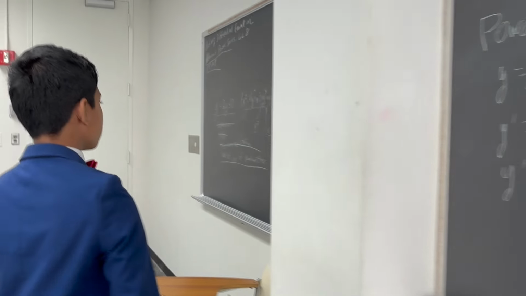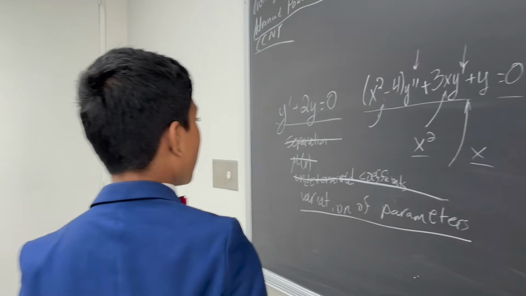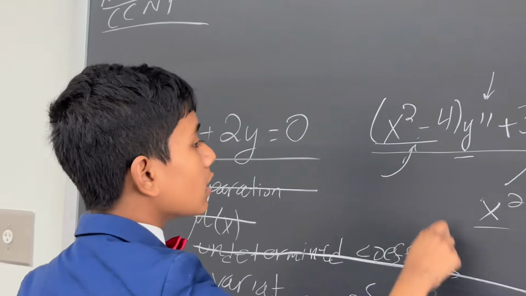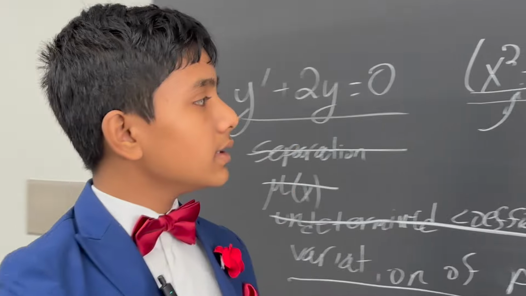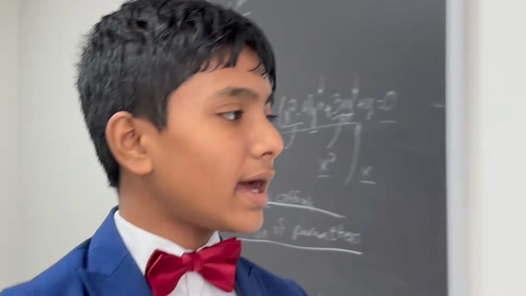Alright, so now what are we going to do? Well, we multiply y double prime by x squared minus 4. We multiply y prime by 3x, and then we just have y. So let's actually get to doing that.